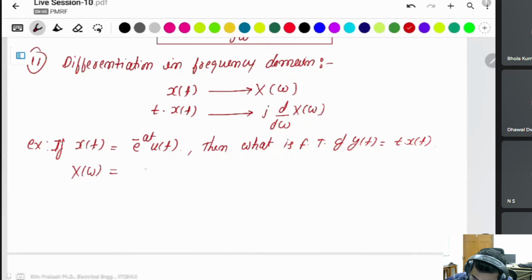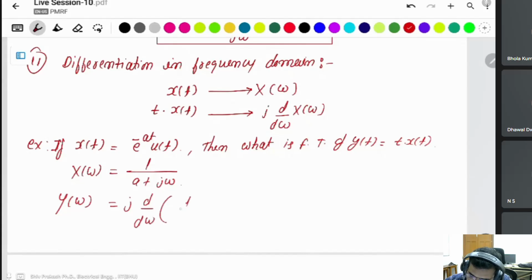You know the Fourier transform of this function, it will be 1 by a plus j omega. If there is any multiplication by t, then what is Y(omega) for t x(t)? It means j d by d omega of 1 divided by (a plus j omega).